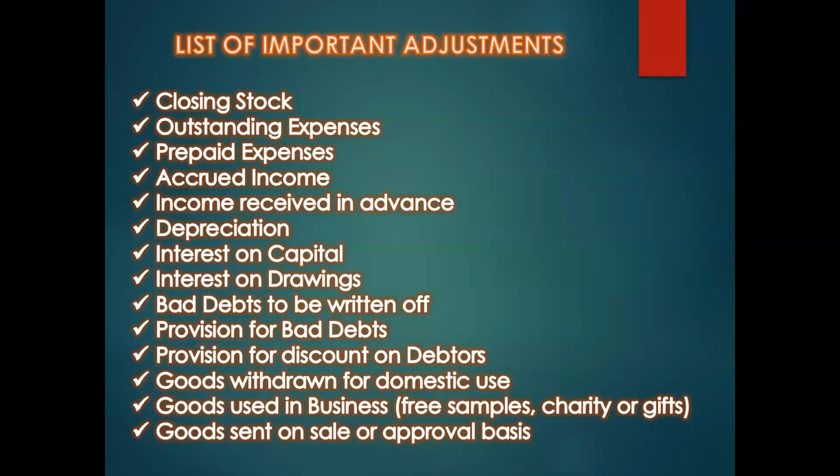That can also be mentioned in any of the account statements. So these are the adjustment transactions which are sometimes left out, but can be made an adjustment transaction while preparing the balance sheet.